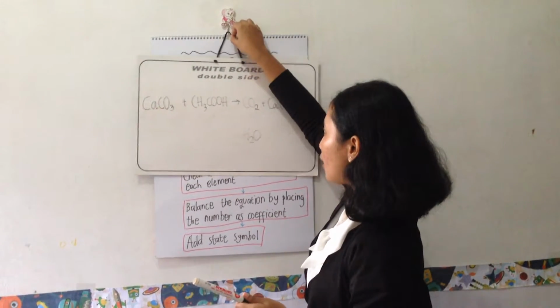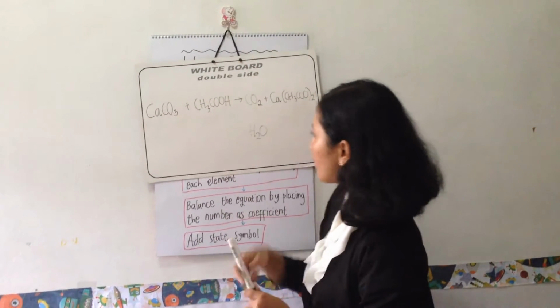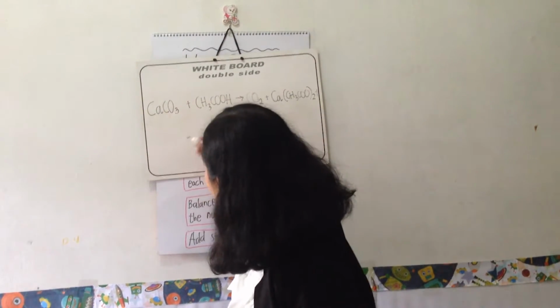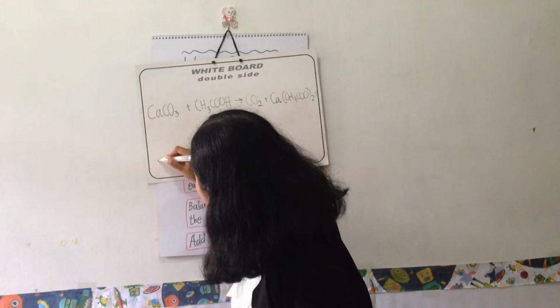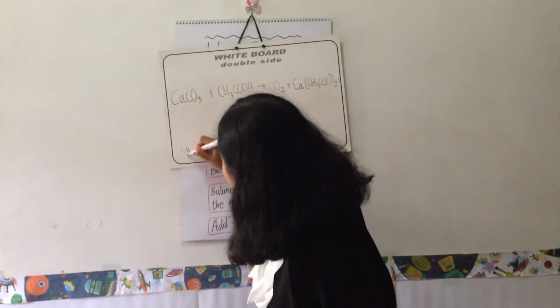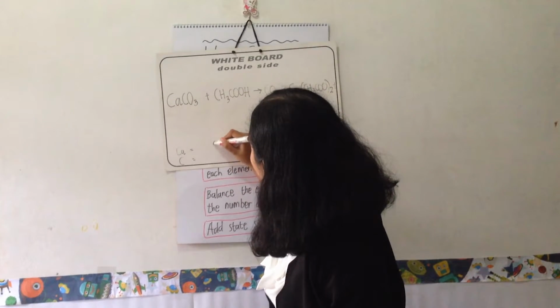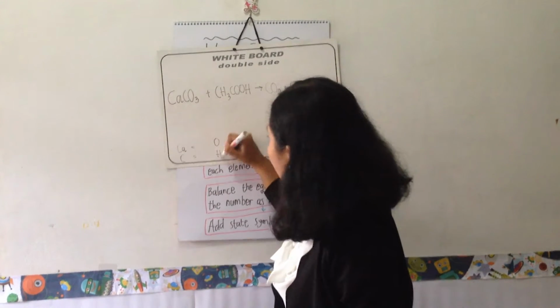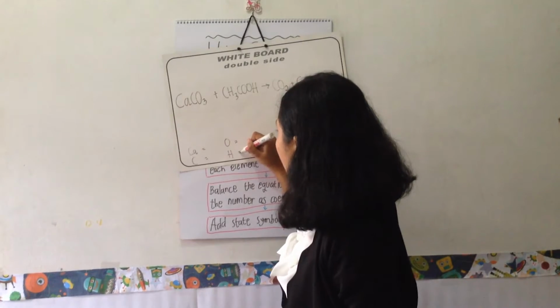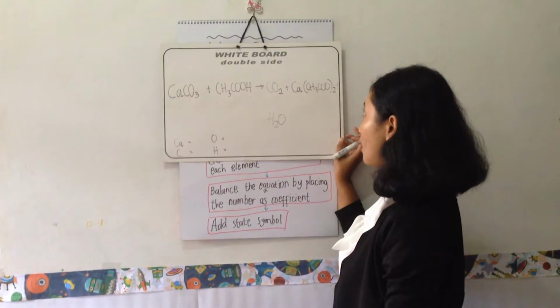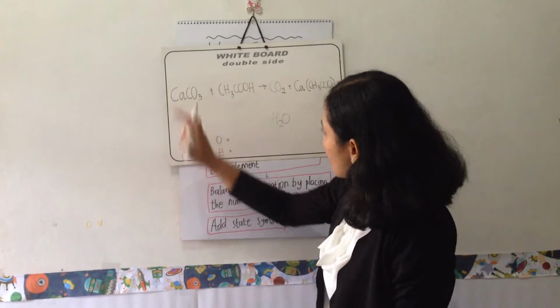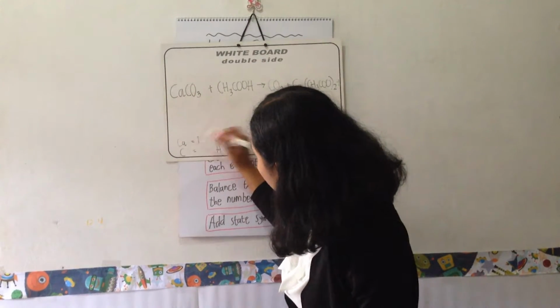Each atom, yeah? So we have on the left side, we have calcium, and then carbon, oxygen, and hydrogen. How many calcium do you see? Just one, yeah? One.